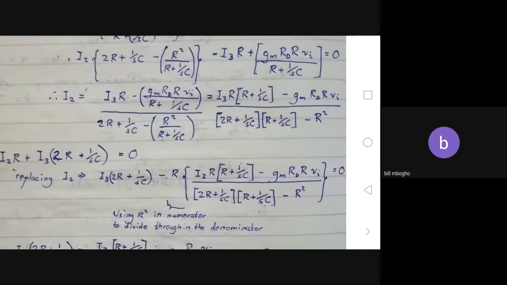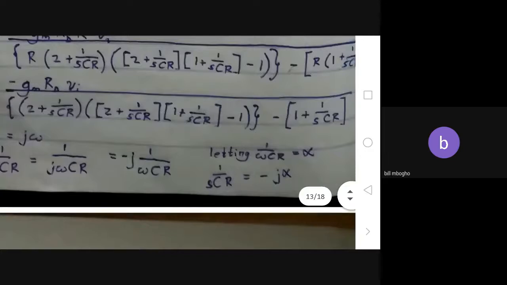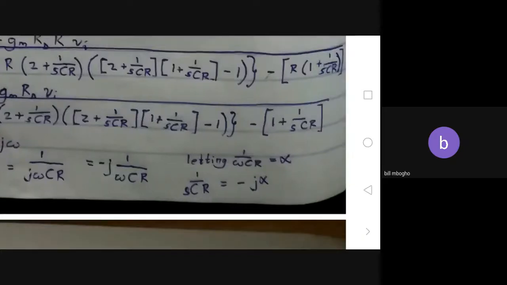At some point, you're going to end up getting confused. So using the s instead of j omega becomes easy. And then at the end is when you replace all the s's with the j omega. That's what I've done down here. And then I also let 1 over omega CR equal alpha.